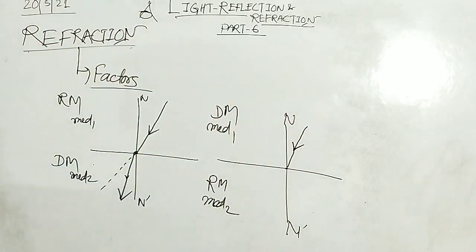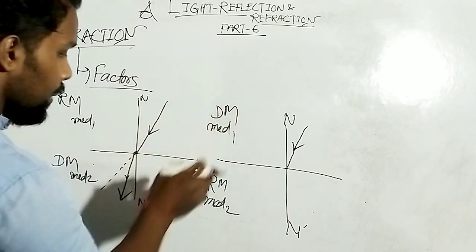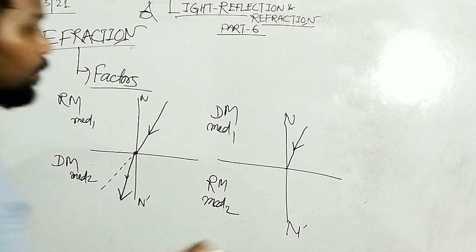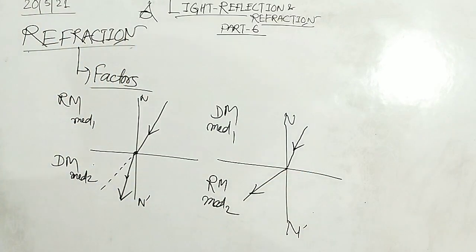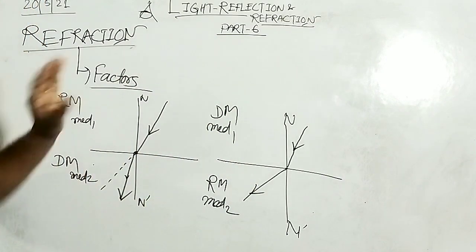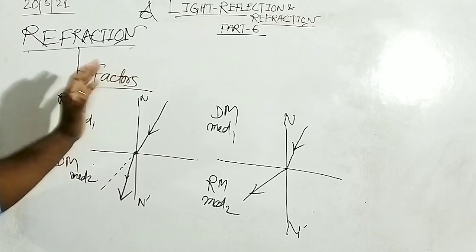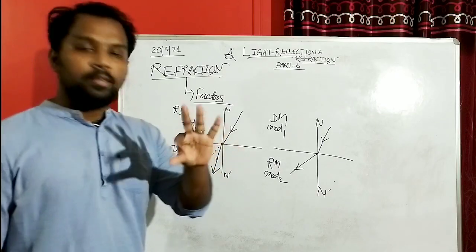Since it is incident on a rarer medium surface, it will move away from the normal. Till now we have understood that depending on the medium, from rarer to denser or denser to rarer, the refracted ray behaves differently.